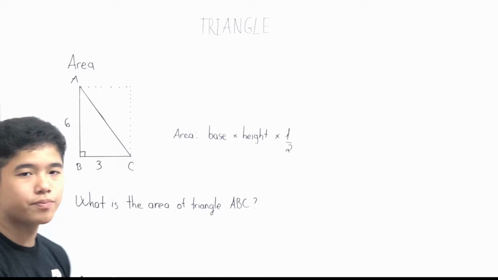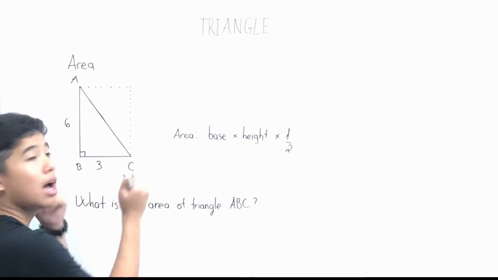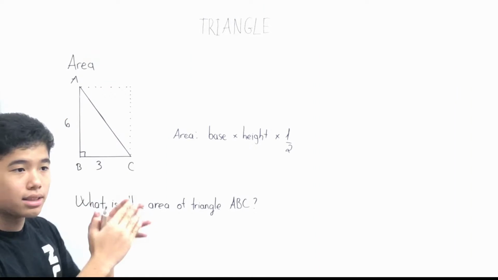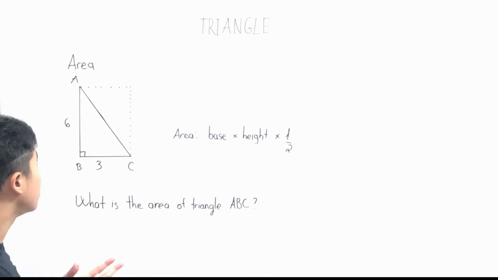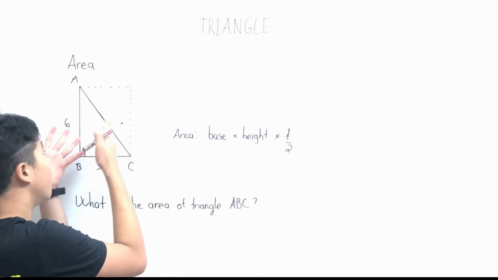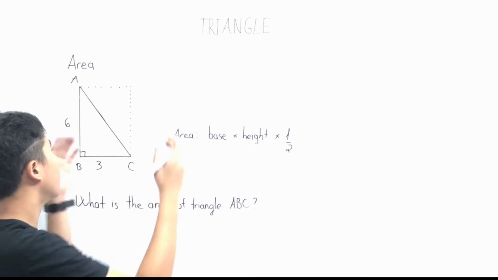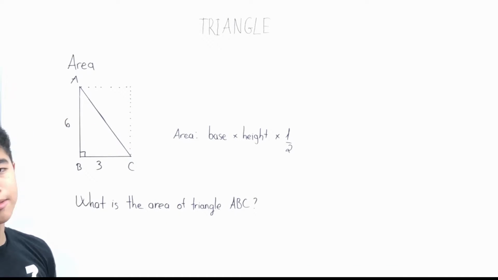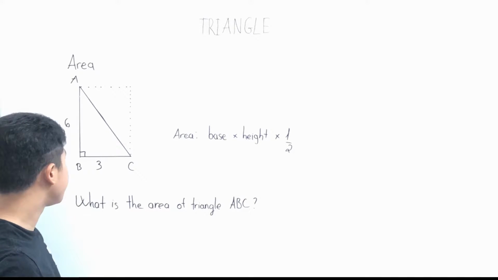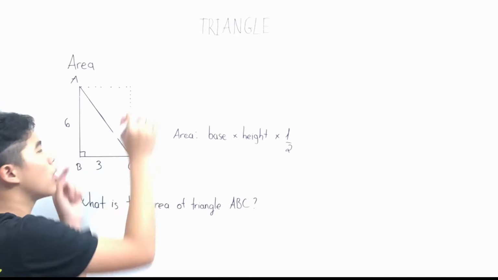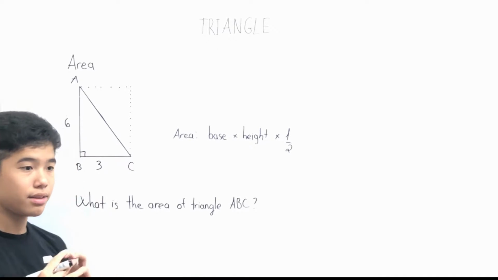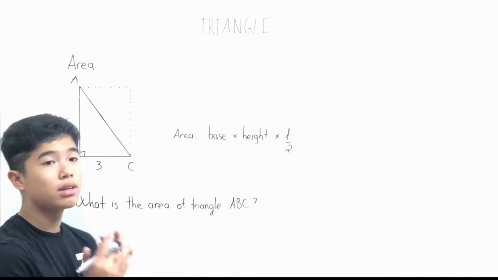Area of a triangle: imagine you have a triangle and you copy the exact same triangle and turn it upside down, and you will get something like this. It turns out two triangles put together create a rectangle.